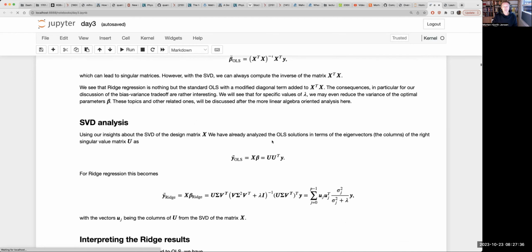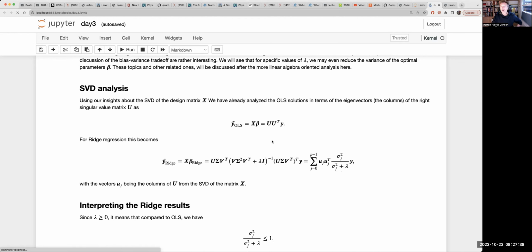So we went through this singular value decomposition analysis, and we showed that the ordinary least squares can be written out like this, except that now the sum runs up only to the number of features which we have, which means that we're actually projecting out a specific set of features of the original data set Y, using the orthogonal vectors defined by this orthogonal matrix U.